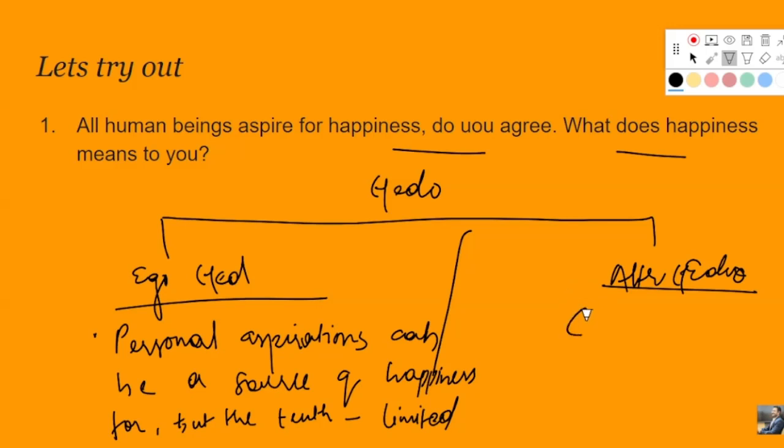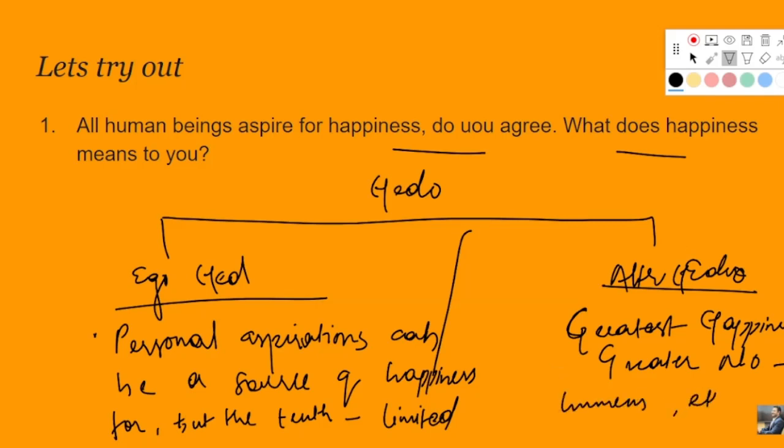That is the greatest happiness of the greatest number, right? Greatest happiness of the greatest number, which shall always render me immense and eternal happiness, right? Which is my ultimate source of happiness.